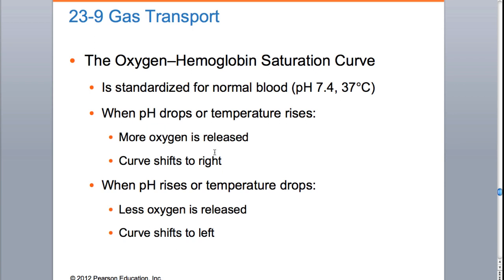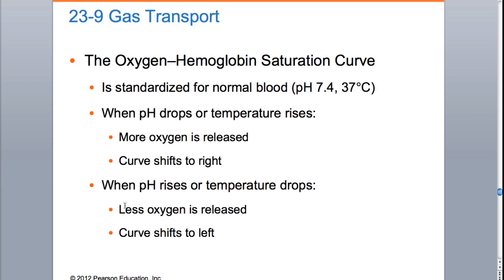So if your blood suddenly becomes very acidic very quickly, you're likely to pass out. Why? Because oxygen is suddenly dumped right off of your hemoglobin, and instead of losing the normal 25% or 1 out of 4, you're dumping more oxygen suddenly, and you're likely to pass out.